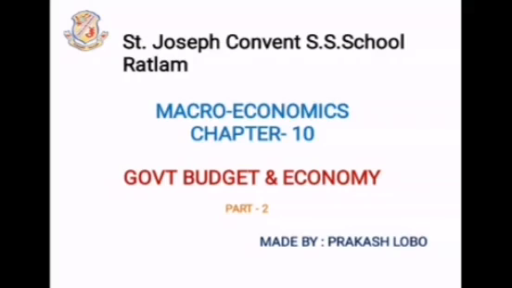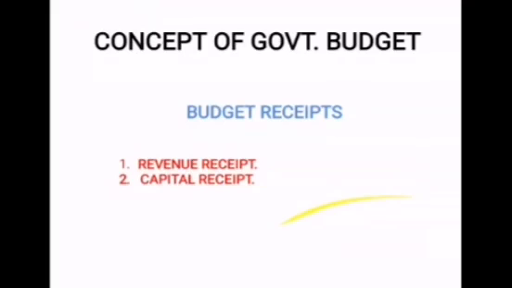So there is a difference between a revenue receipt and a capital receipt. Revenue receipt is all the money received which does not create any liability for the government and does not lead to a reduction in the assets of the government.